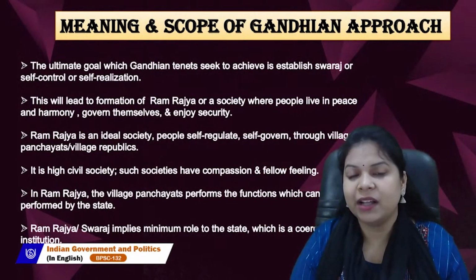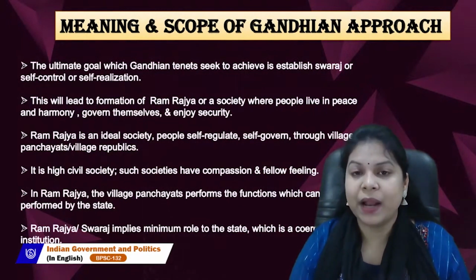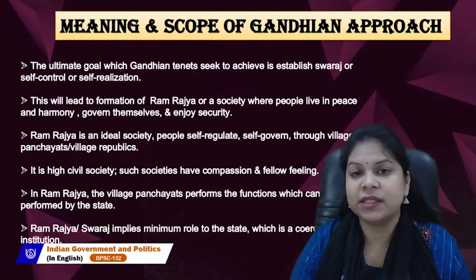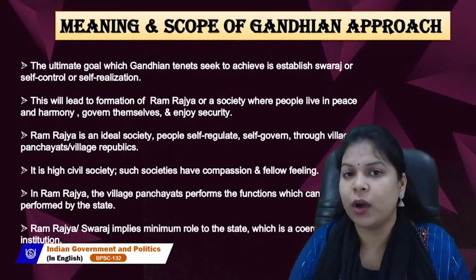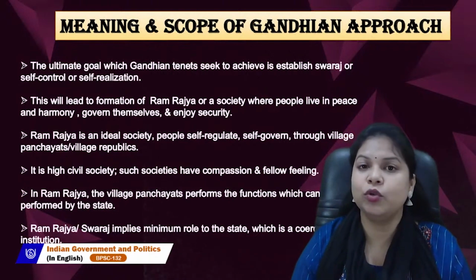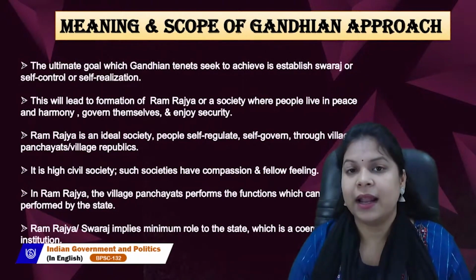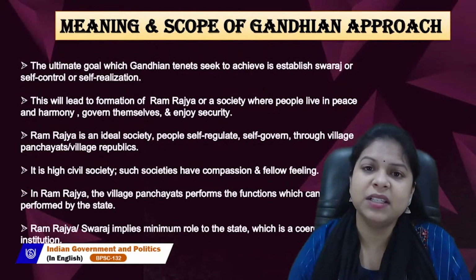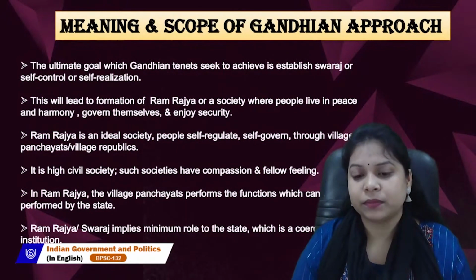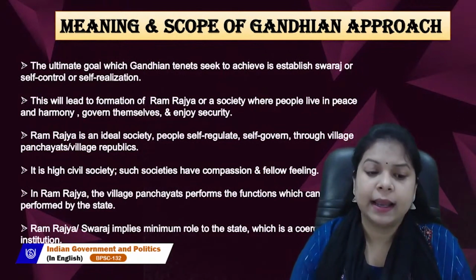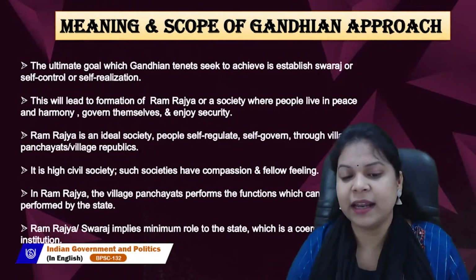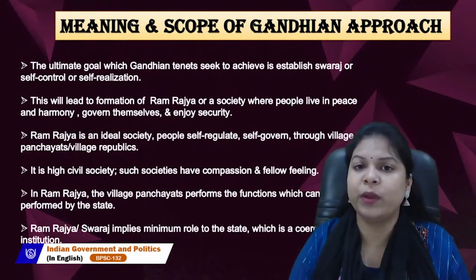Ram Rajya or Swaraj implies the minimal role of the state, which is a coercive institution. According to Gandhi, the state is a coercive institution which can use coercive methods like violence to run the country. So in place of a state, Gandhi wanted a village panchayat, and he wanted the state's role to be very minimal.